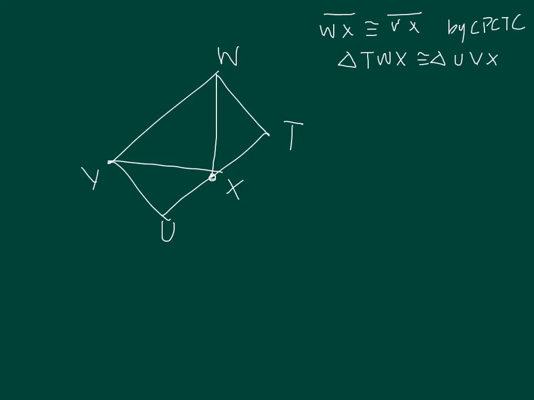But in order to say these two triangles are congruent, we have to use a triangle congruence postulate. And we use the visual scan.